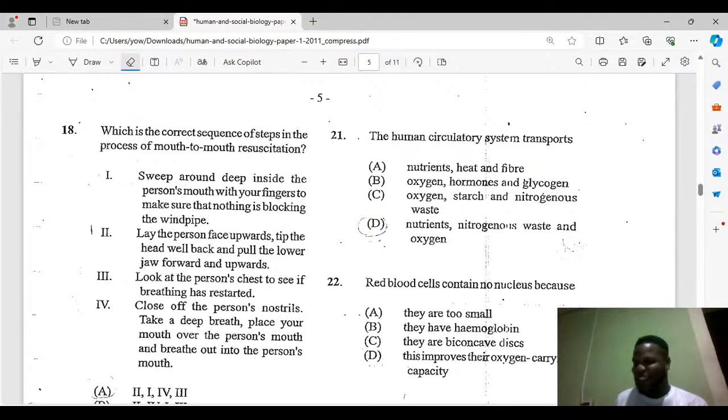I can understand why people say B. I can really get that. But B is a trick question, really. Tell me why B would be a trick question.